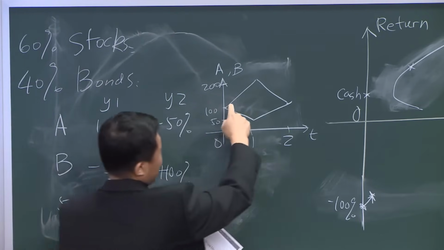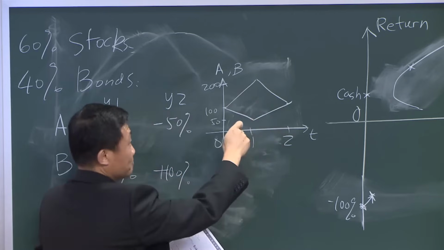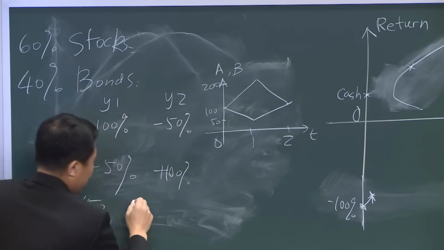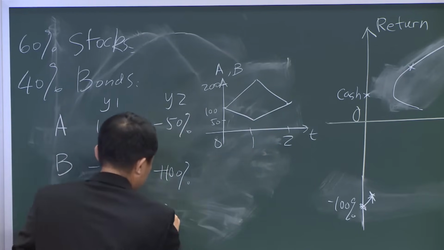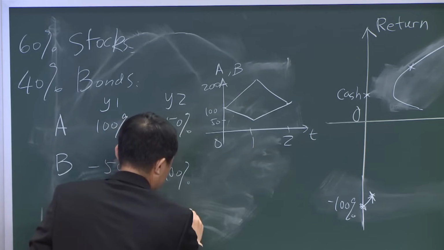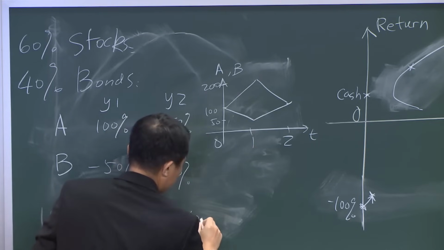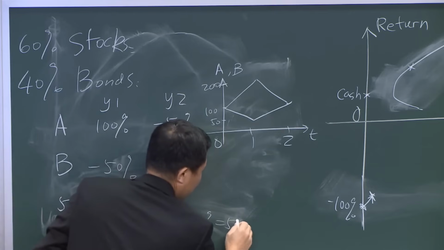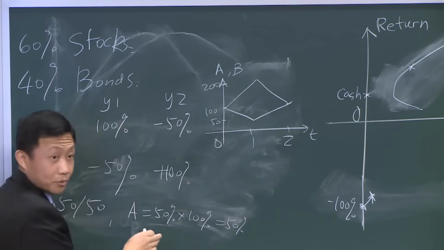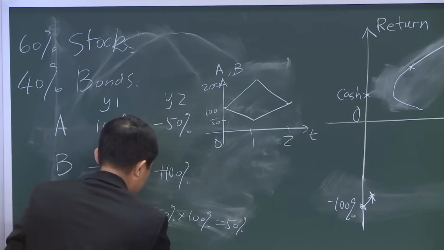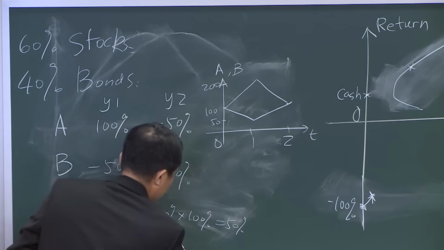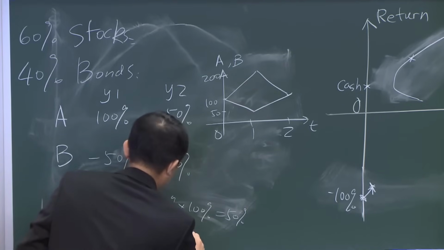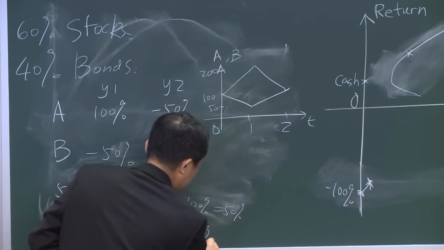So in year one, A, you have only 50%. So it goes up 100%. So that's up 50% on the total basis. B, you also weight 50%, but it goes down 50%.